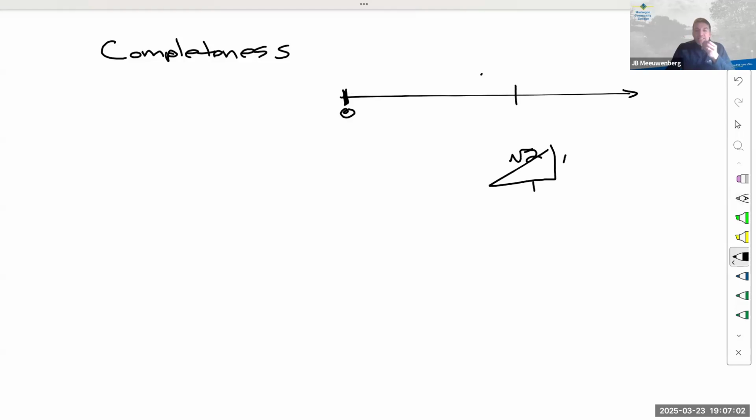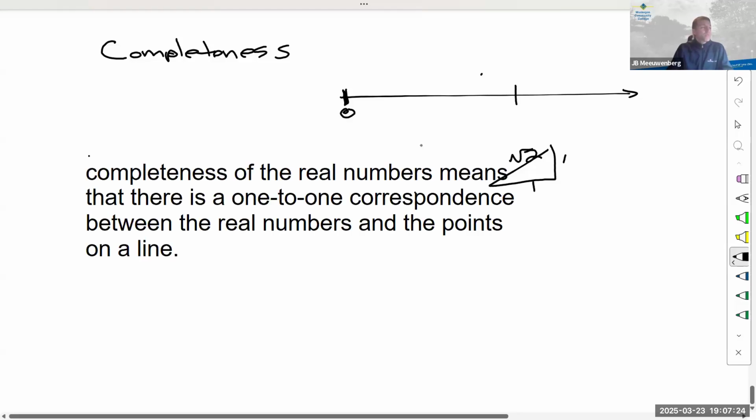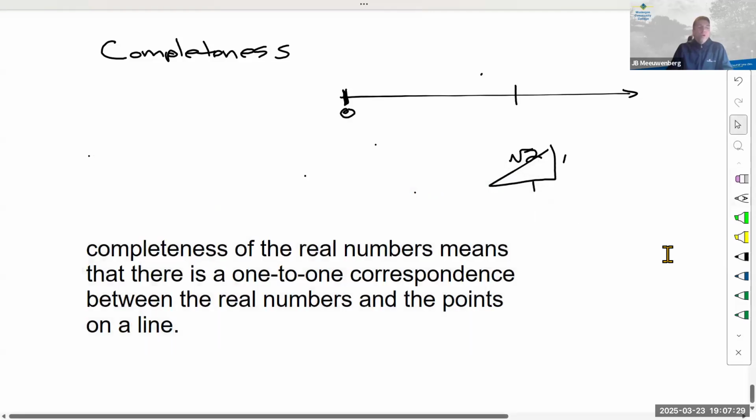So completeness can also be stated using some terminology from earlier in the course. Completeness of real numbers means there's a one-to-one correspondence between the real numbers and points on a line. One-to-one correspondence means every element in one set can be matched with a single element in another set.